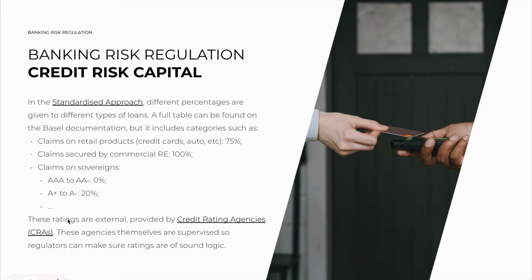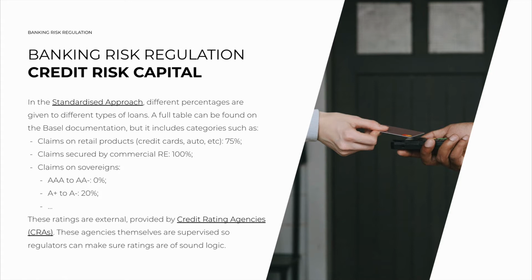It's important to note that these ratings are external, and they're provided by credit rating agencies, or CRAs, Moody's, S&P, and so on. Since the great financial crisis of 2007, these agencies themselves have been supervised by regulators to make sure that the ratings that they come up with are of sound logic, and they have to be transparent to regulators about their processes.